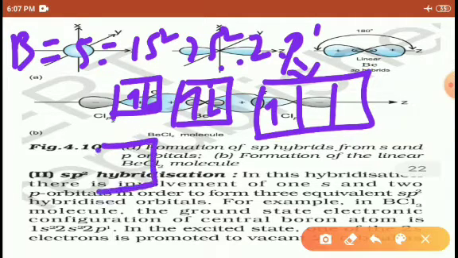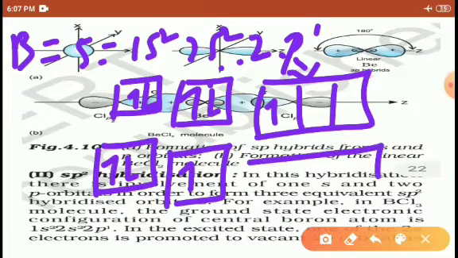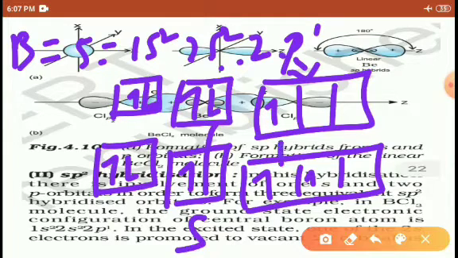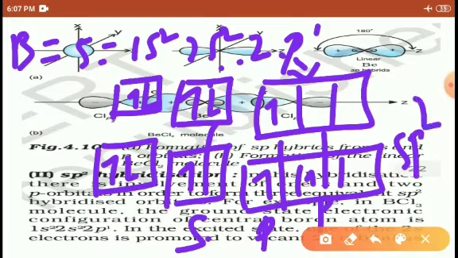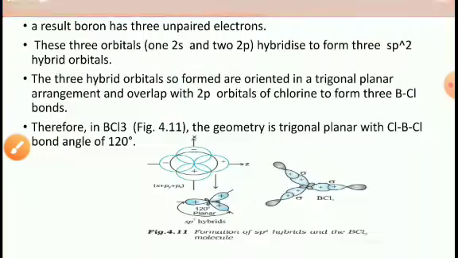So it becomes one, and it will get two. One chlorine shifts its electron into the s orbital, another chlorine into a p orbital, another chlorine into a p orbital. So how many s? One. How many p? Two. That is sp2 hybridization. Yes, friends.